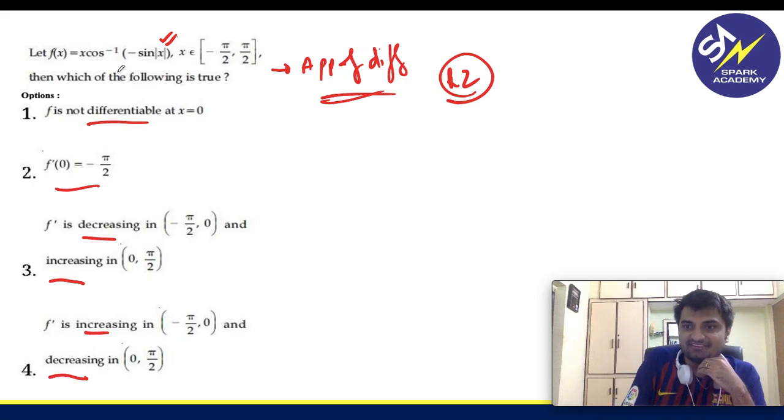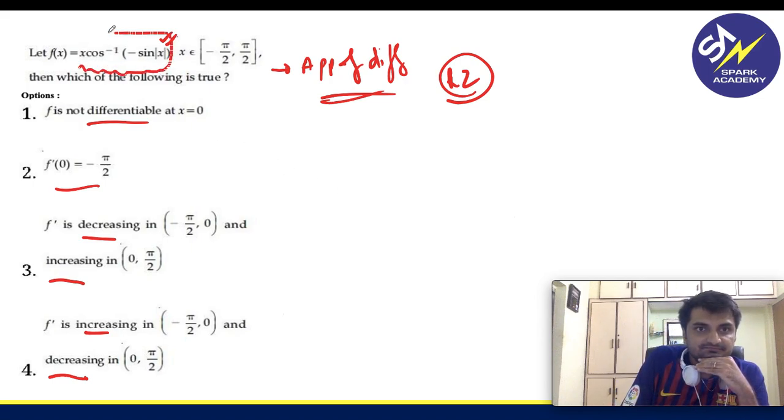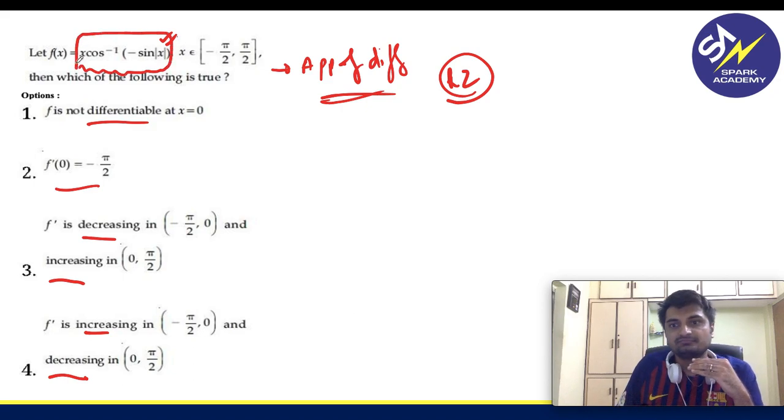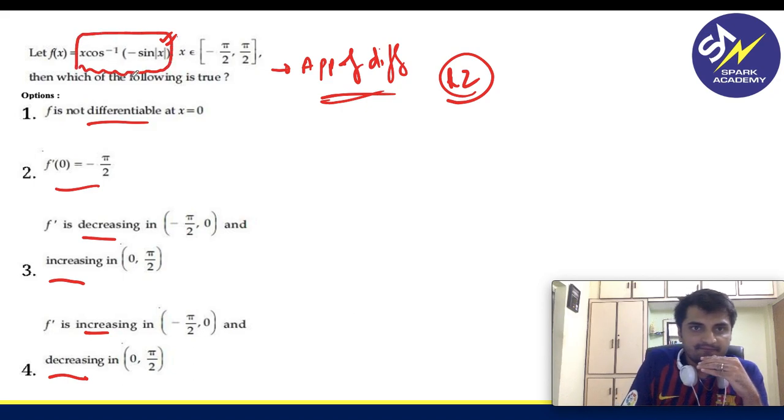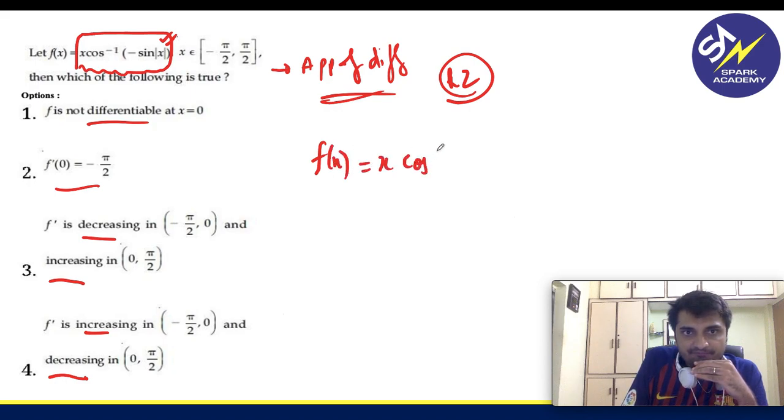So guys, what about this? So basically f of x is given as x cos inverse of minus sine mod x.